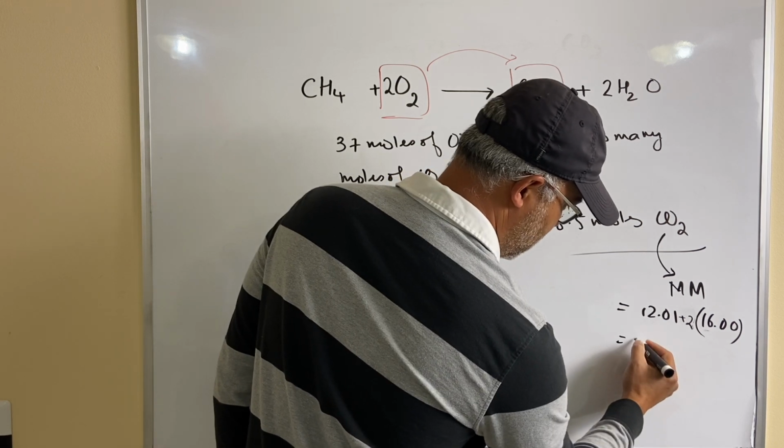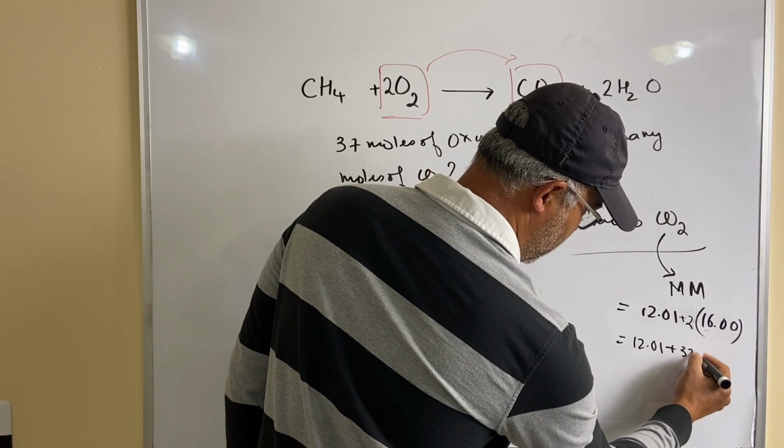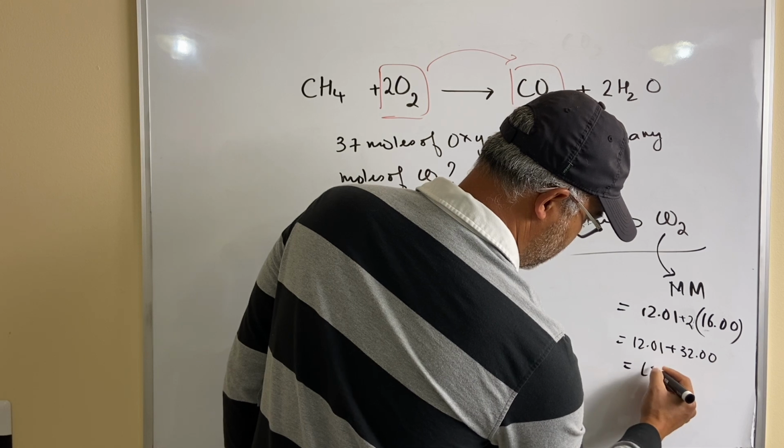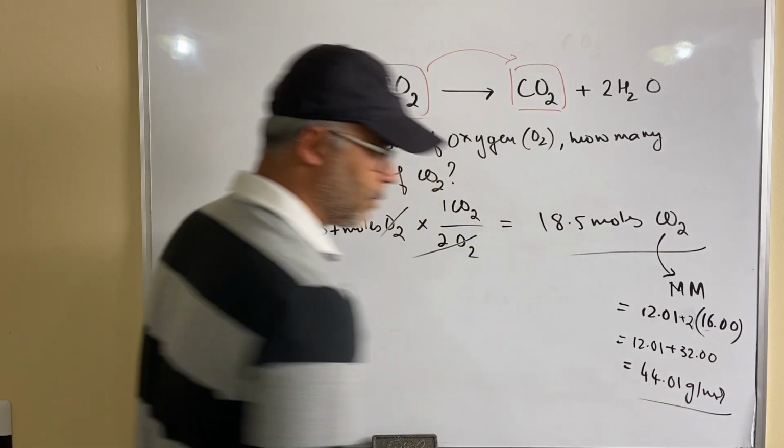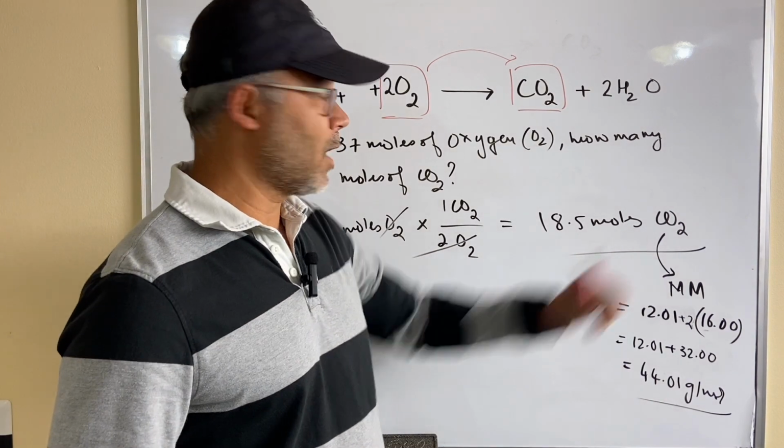So that gives me 12.01 plus 32.00, which gives me a total of 44.01 grams per mole. There you go. So that is the molar mass of carbon dioxide.